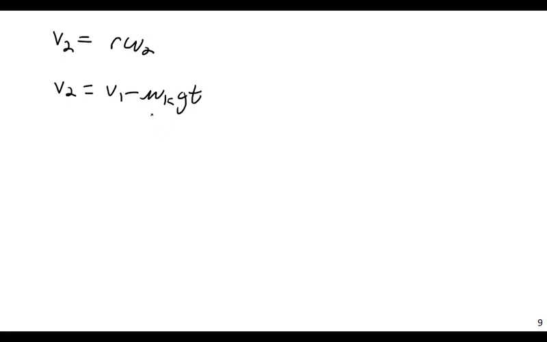Let me go back to this. If I look at this from the other point of view, v1 minus mu kinetic g t is equal to v2, which is equal to r omega 2.